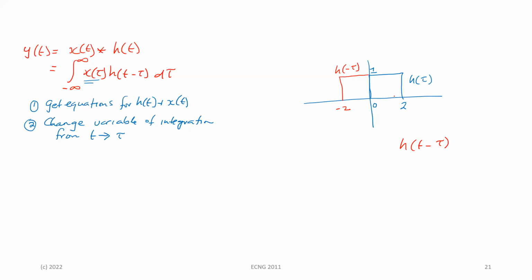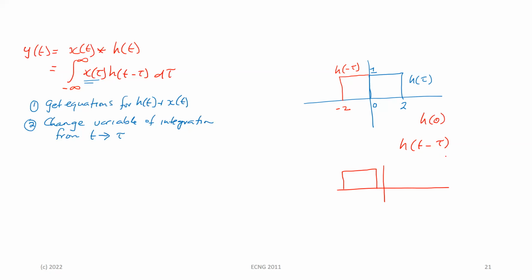T could be any value. So look at this carefully. If I arbitrarily pick a value of t, t minus tau could be something like this. And how we know is that where it is located is where the h(0) point is.